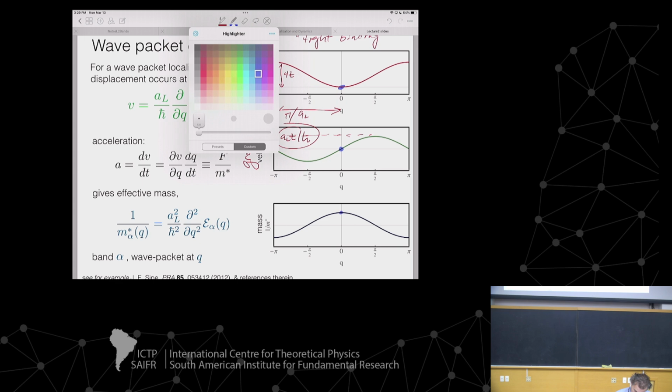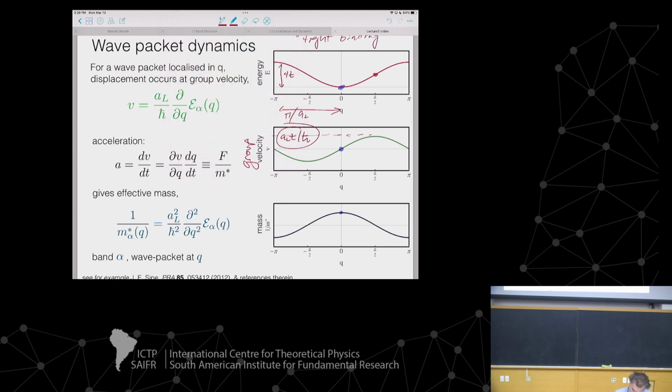But now if I go further along, and let's say I move to here at q equal to halfway into the Brillouin zone, velocity has saturated to the maximum possible group velocity, and 1 over the effective mass, which is what the second derivative is, has gone to 0. That means the effective mass has diverged.